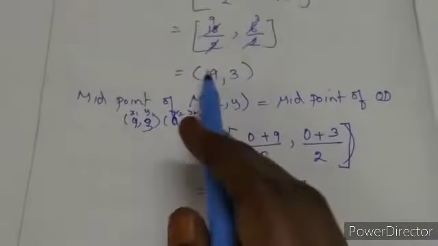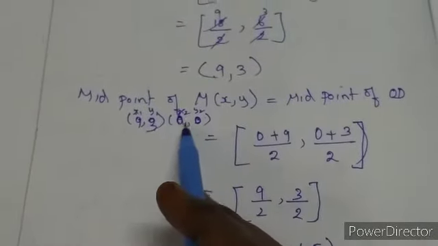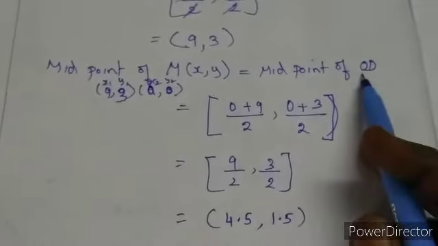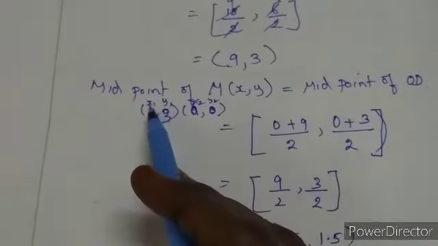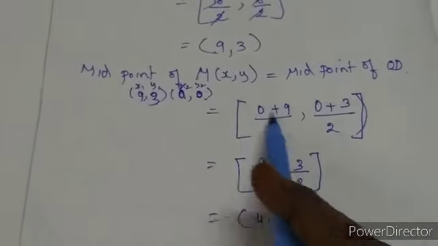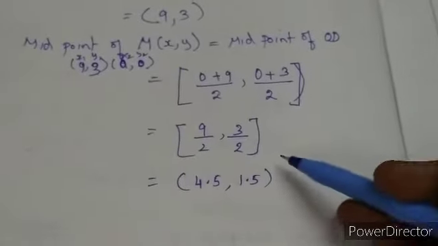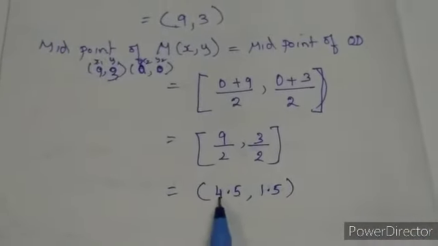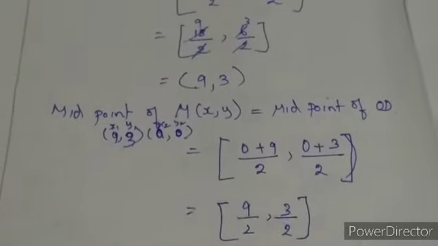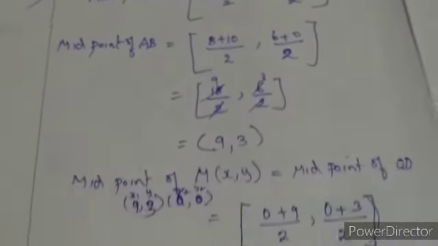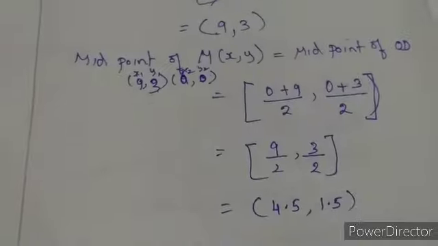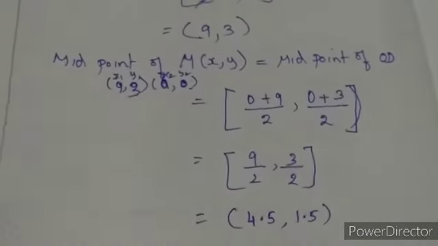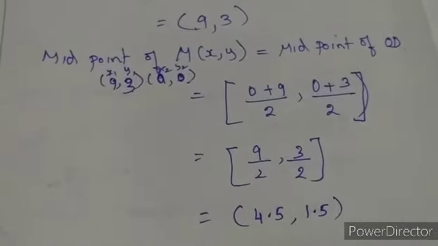The AB midpoint which I found is (9, 3) and (0, 0) is the origin, that is O and D. So x1, y1, x2, y2, I am substituting in the formula. If I simplify and do the cancellation, I will get the answer (4.5, 1.5). This is question number 5.